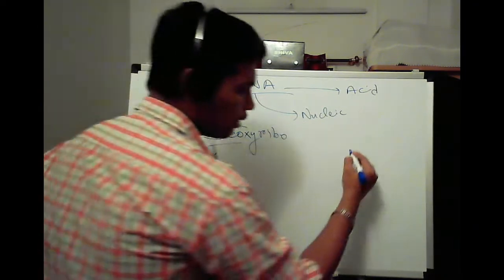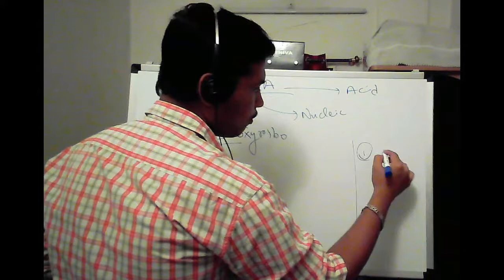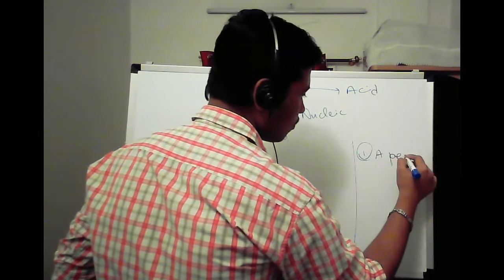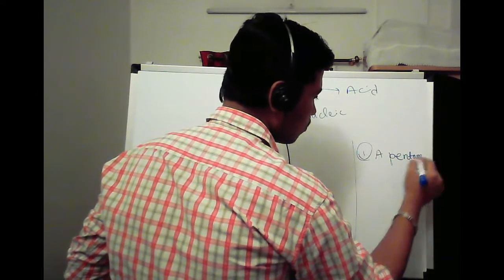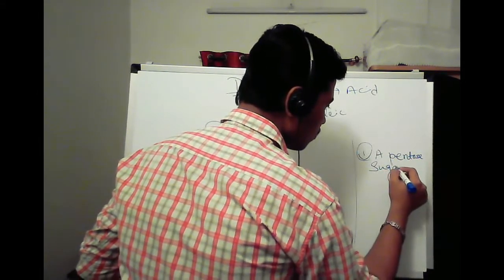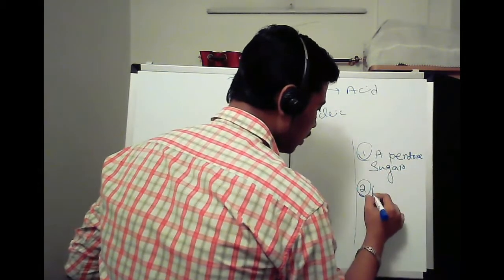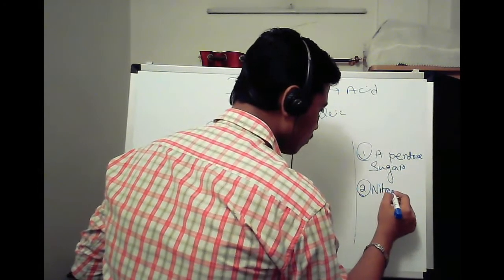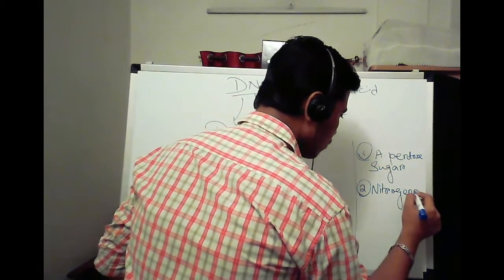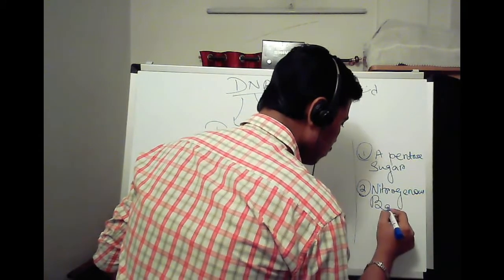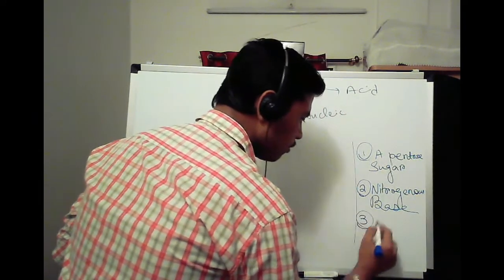The parts of the DNA. Number one, a pentose sugar. Number two, nitrogenous base. Number three is a phosphate group.